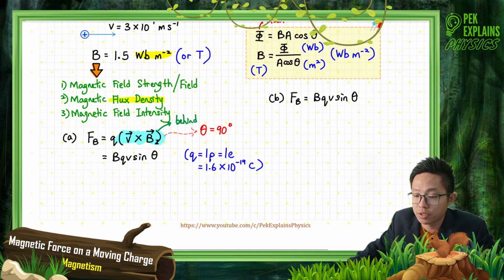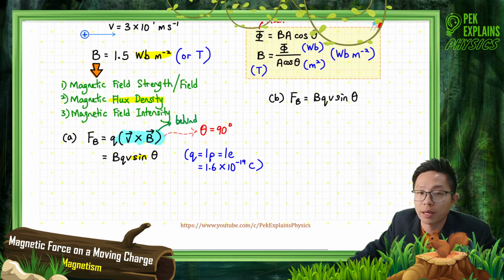So V cross B means it's a cross product. That's why we use sine, because it's a cross product. If dot product, we use cos theta. If cross product, we use sin theta. Another thing is this is between V cross B. So the angle theta must be between the ones that cross each other, which is the velocity and magnetic field.